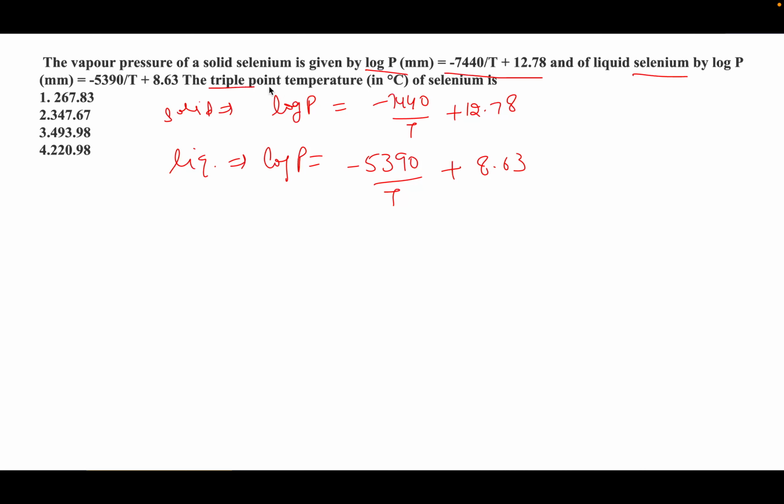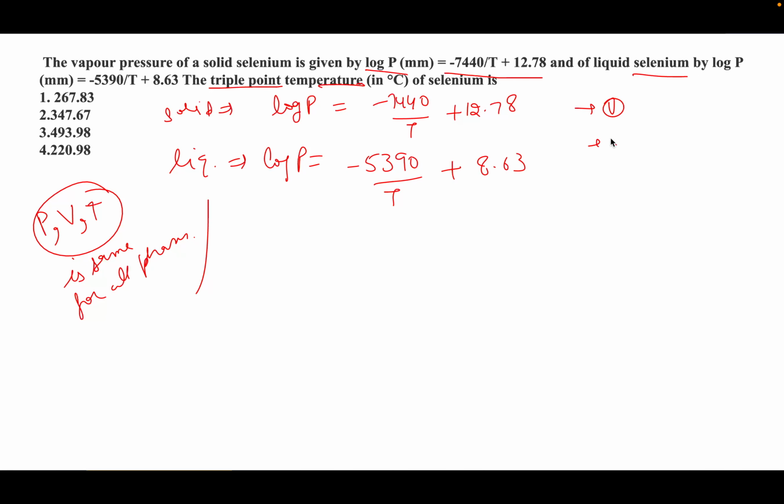We need to calculate the triple point temperature. Okay. So at triple point, pressure, volume and temperature are the same for all phases. So we can equate equation number 1 and 2. So by equating this, minus 7440 by T plus 12.78 is equal to minus 5390 by T plus 8.63.